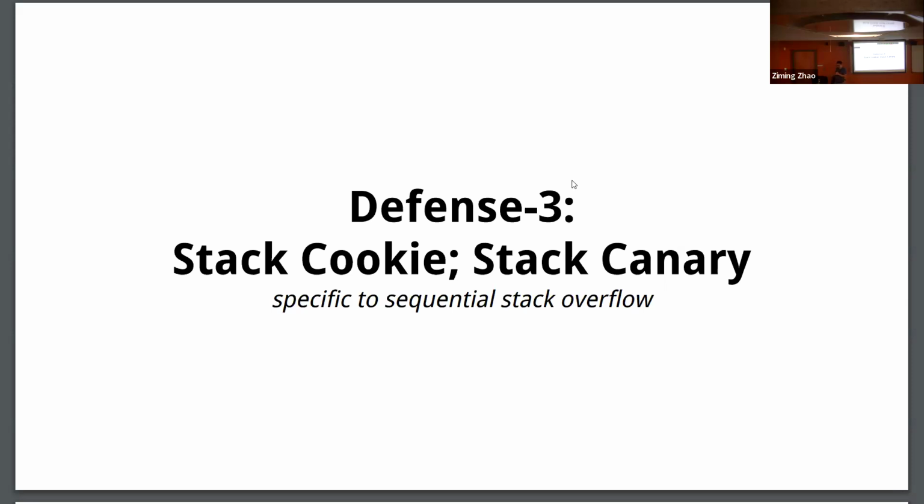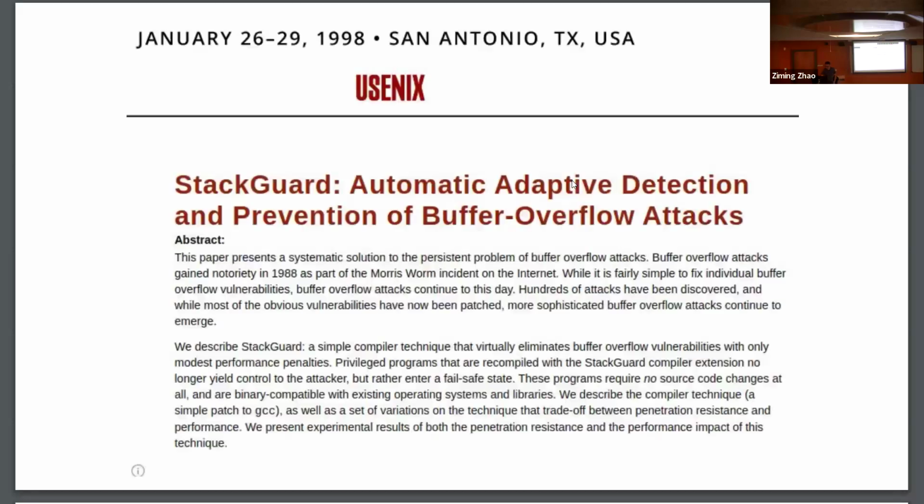There are many different names for it, but the basic idea is the same. This is also a very intuitive approach. When you look at how it works, you are saying, okay, everyone can come up with an approach like this. So this approach was introduced back in 1998 and was published in Usenix Security, which is one of the 4 top security conferences in our domain.